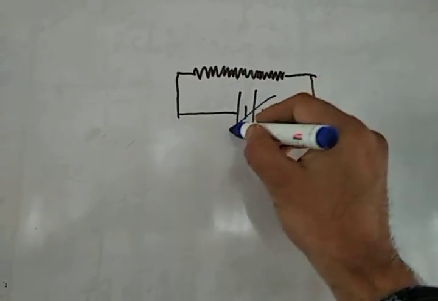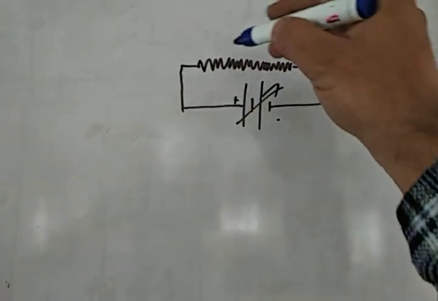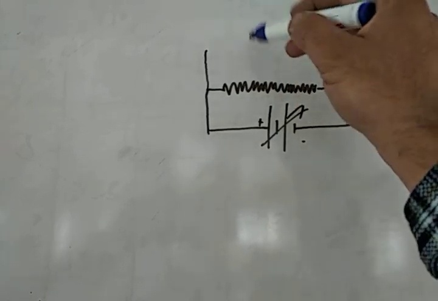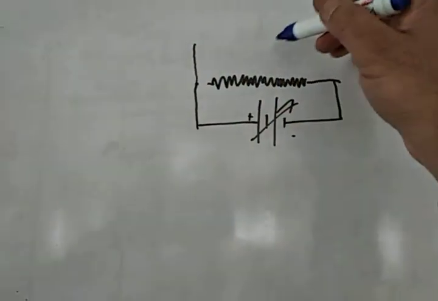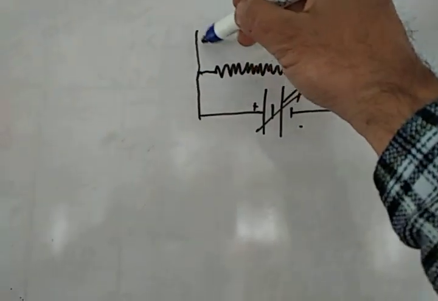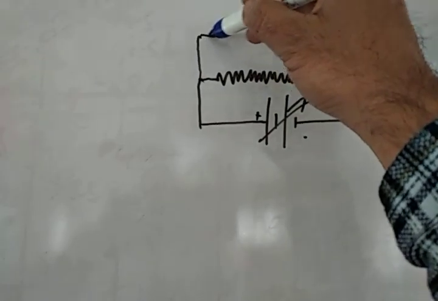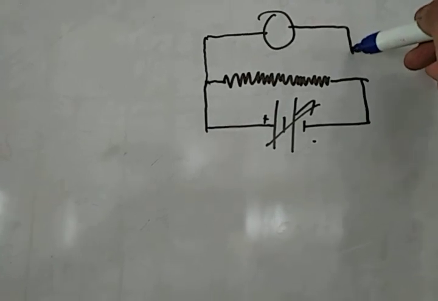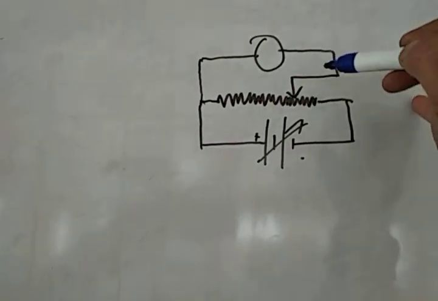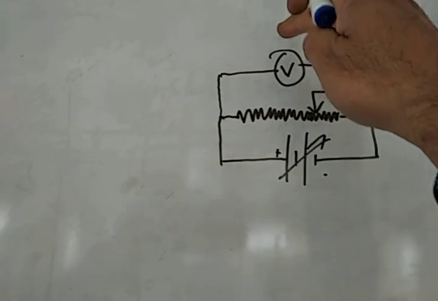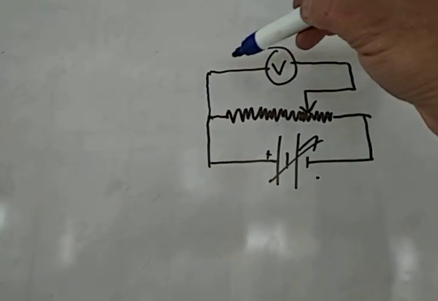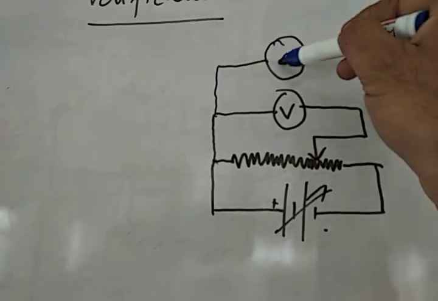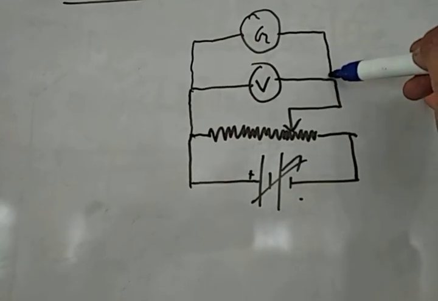We could attach a variable power supply and attach 2 voltmeters to it. So this is the actual voltmeter, and we will attach in parallel the galvanometer, which has been converted into a voltmeter.